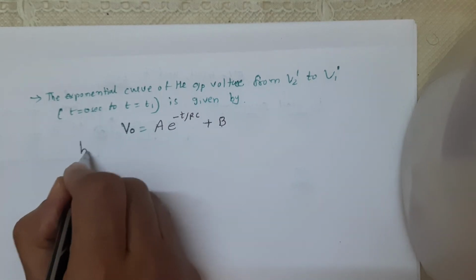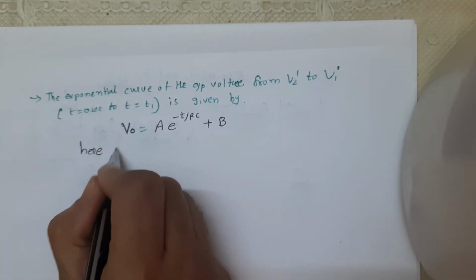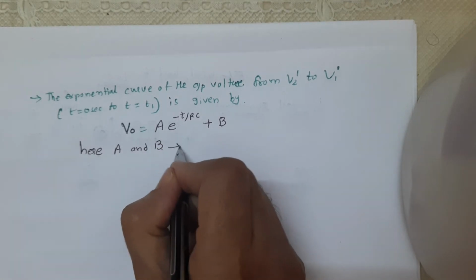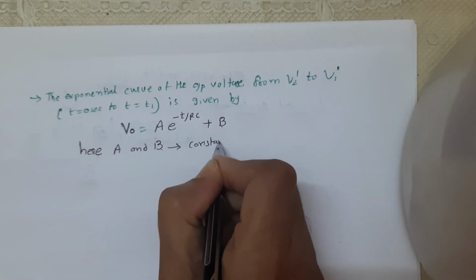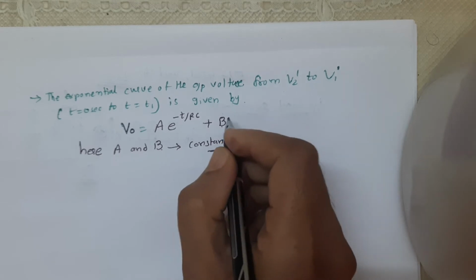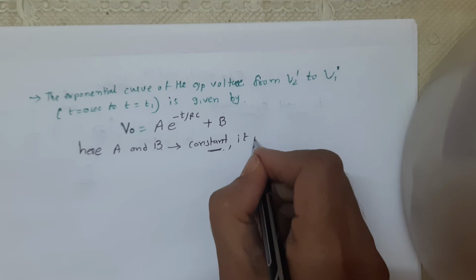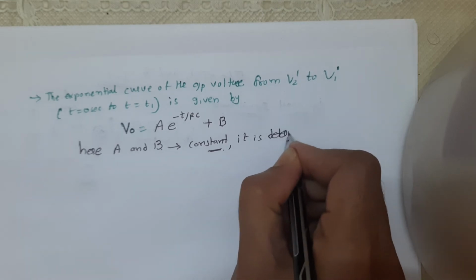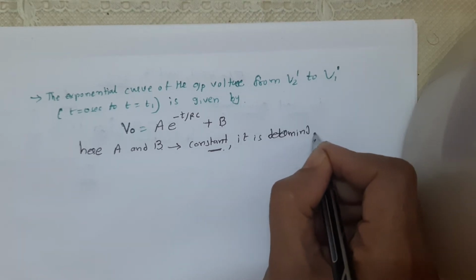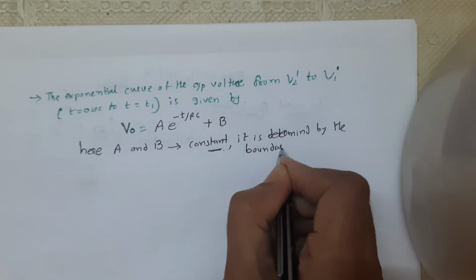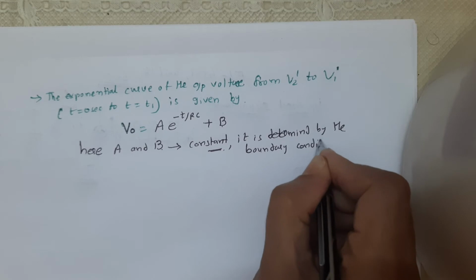Here, what are A and B? They are constants, and they are determined by the boundary conditions.